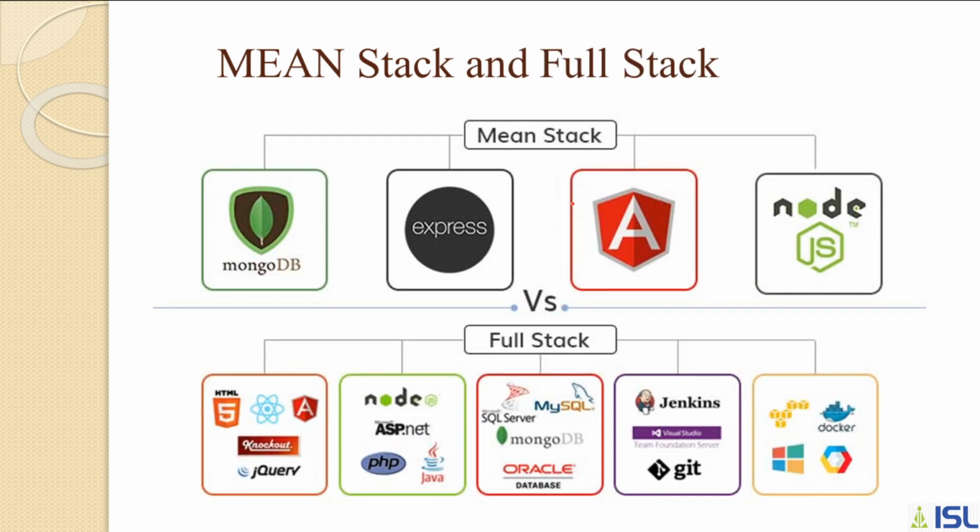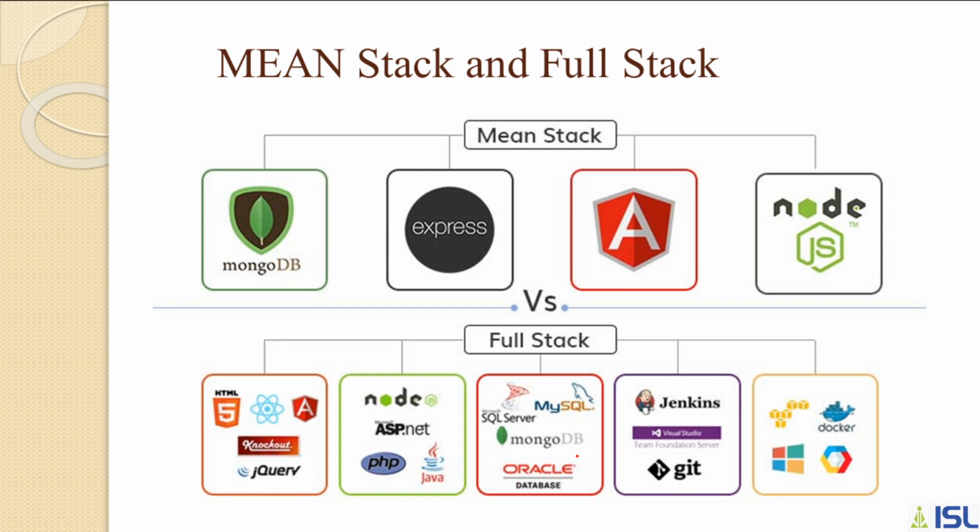Now we will see the difference between MEAN stack and full stack. In MEAN, as we have seen, it is MongoDB, Express, AngularJS, Node.js. In the full stack, there are HTML5, React.js, AngularJS, jQuery, Node.js, ASP.NET, PHP, Java, SQL Server, MySQL, MongoDB, Oracle, Jenkins, Visual Studio, Git, Docker.